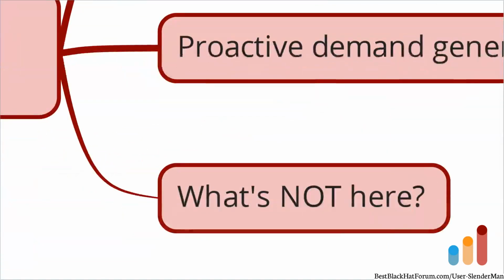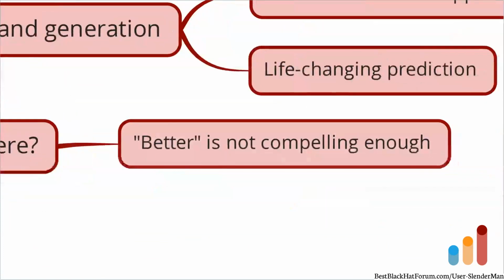Now, what's not here that is commonly used as a selling message? Well, what's not here is better. Better is generally not compelling enough. To be able to do something a little bit better is not a good reason for somebody to stop what they're doing and take advantage of your products or services.